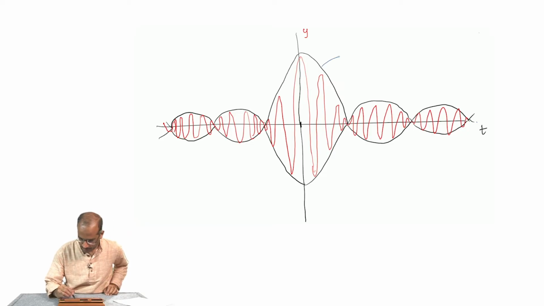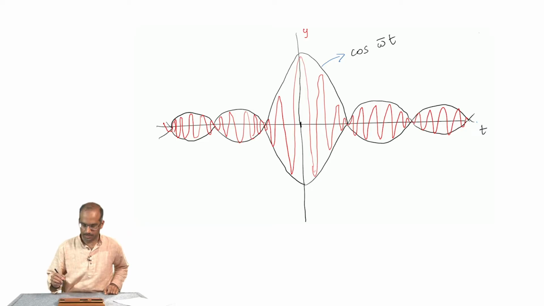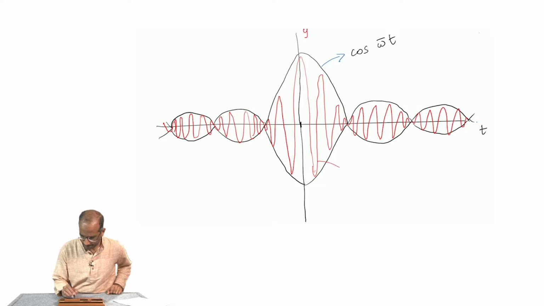This black curve that you see here would correspond to the cos omega bar into t, and that is the slower component, and the faster component is the one shown in red, which would correspond to the sin theta by theta part. Of course, you can multiply A if you like.